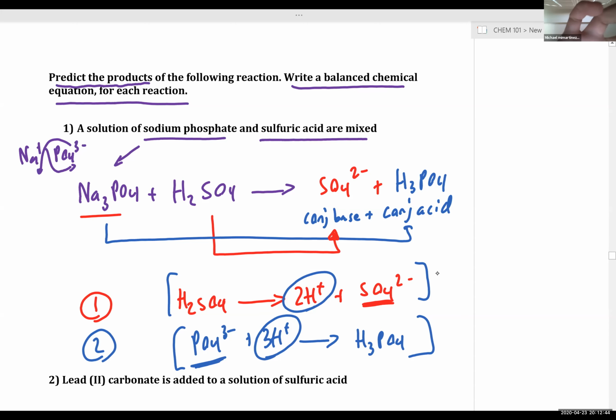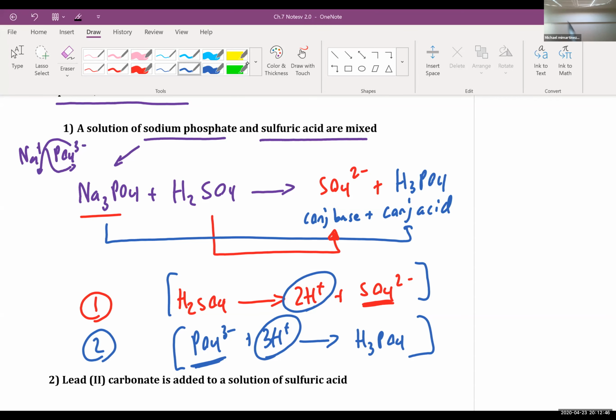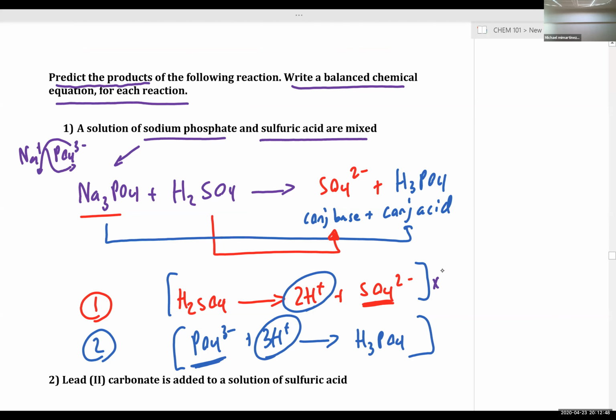So I'm going to multiply my top equation by 3, my bottom equation by 2. I have 3 sulfuric acid leading to 3 sulfate and 2 phosphoric acid produced from 2 sodium phosphate.